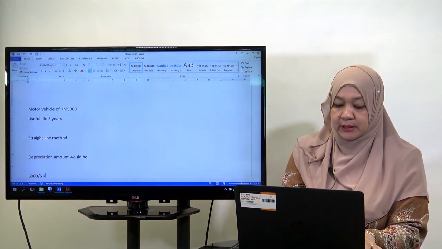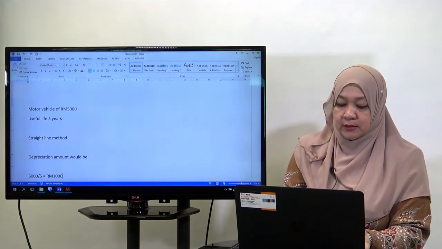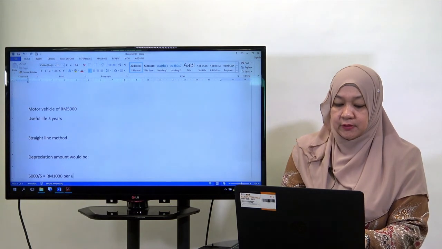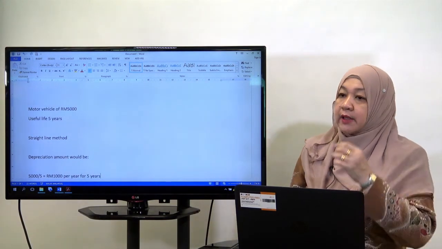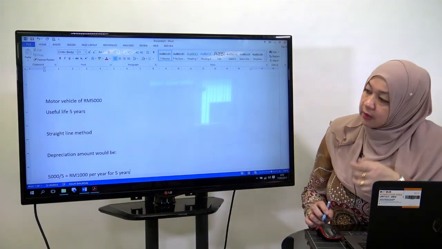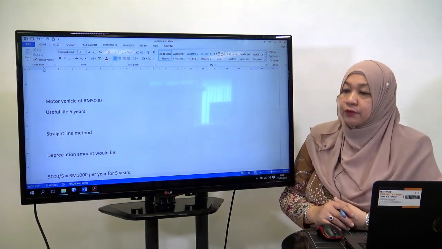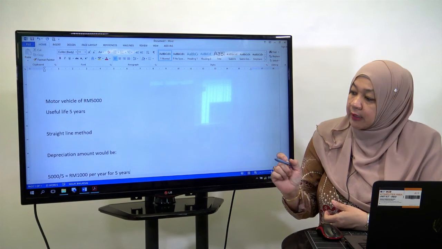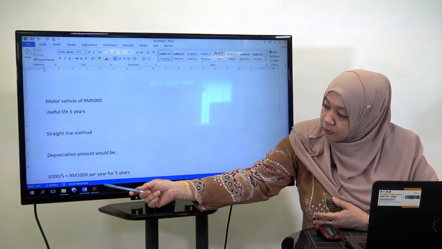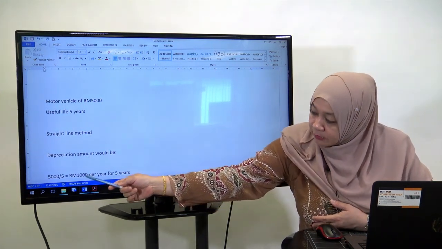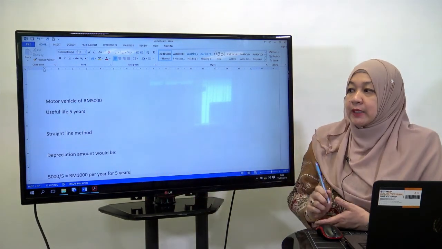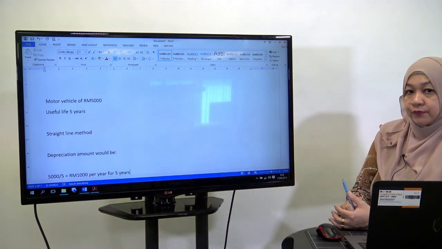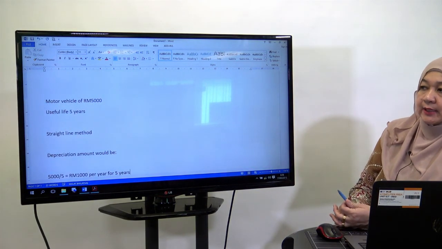So your depreciation charge is 1,000 per year for 5 years. So this is how you determine your depreciation. If you use the straight line method, the amount that you should charge would be 1,000 per year for 5 years, starting from the beginning of the use of the particular asset.